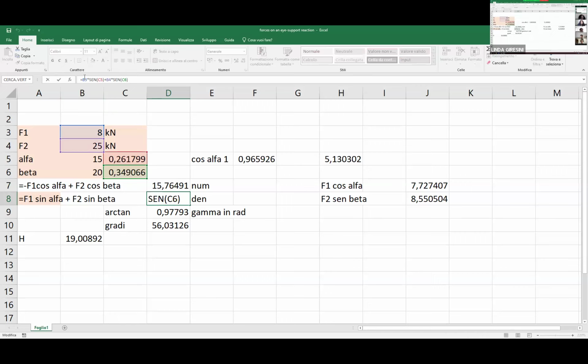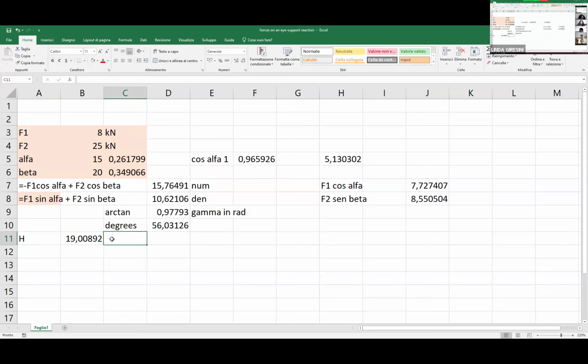Okay? So then you have the arctangent of the division of the first one divided by the second one, and you get gamma in radians, which is 0.98, in degrees it is 56. Okay?